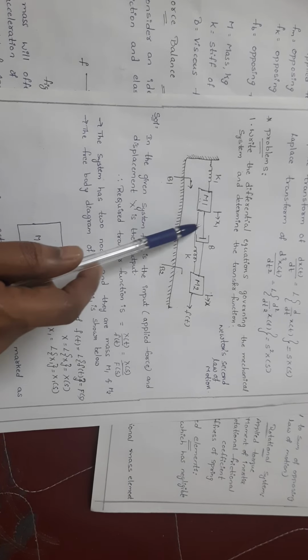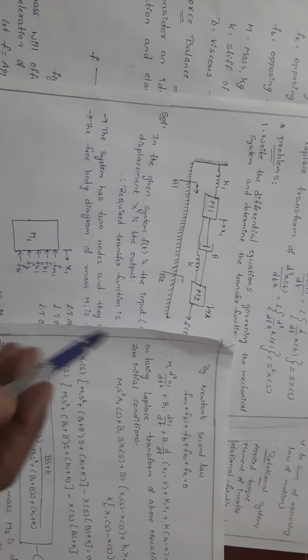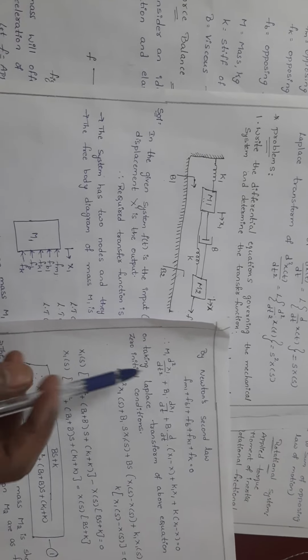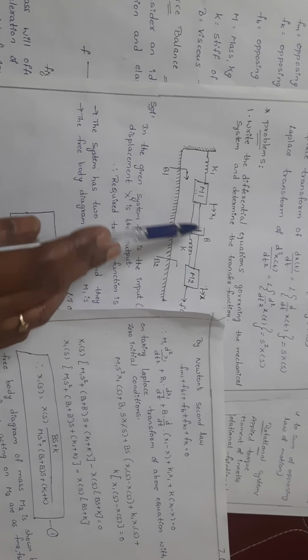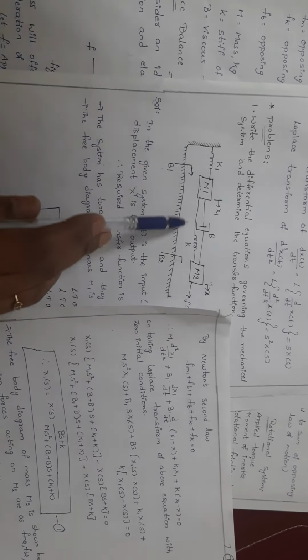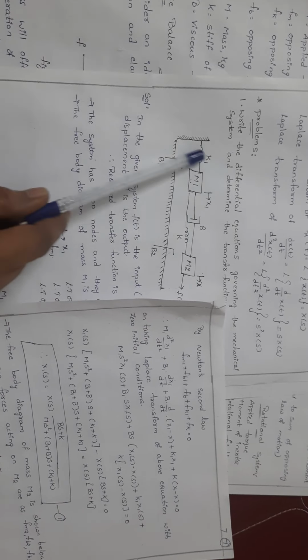For this, here there is no f of t, that's why we will write it as 0. See how I am going to write this equation: fm1 plus fb1 plus fb plus fk1 plus fk is equal to 0, as there is no f here.